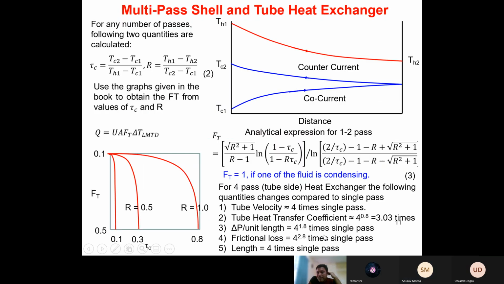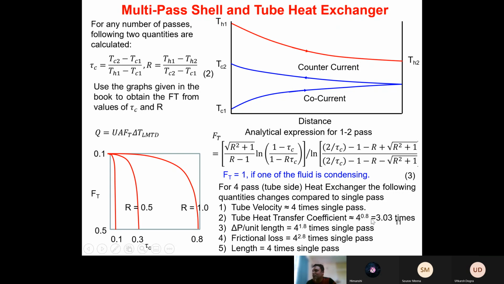So this is a commonly asked example in interviews. Very often if you interview with some PSUs, this is what in general they ask. If you increase your pass by 2 times instead of single pass, if you are having a 2 pass, what will be the tube velocity? Tube velocity will be twice. Tube heat transfer coefficient will be what?